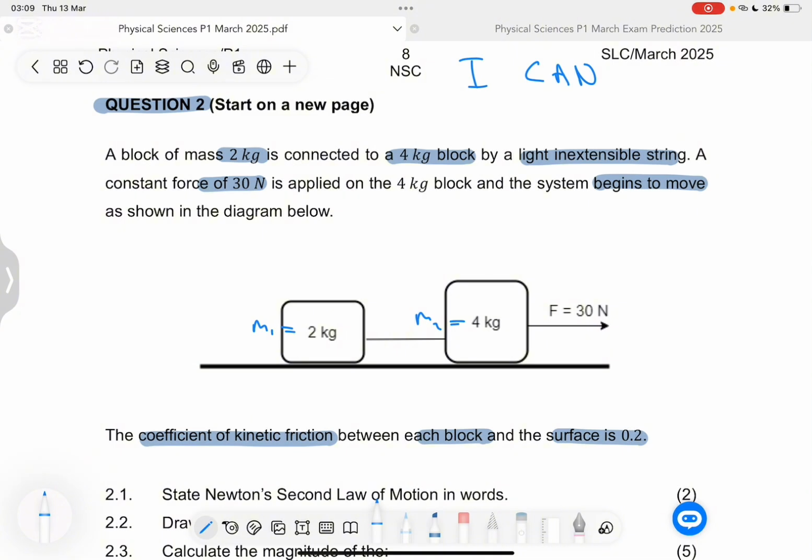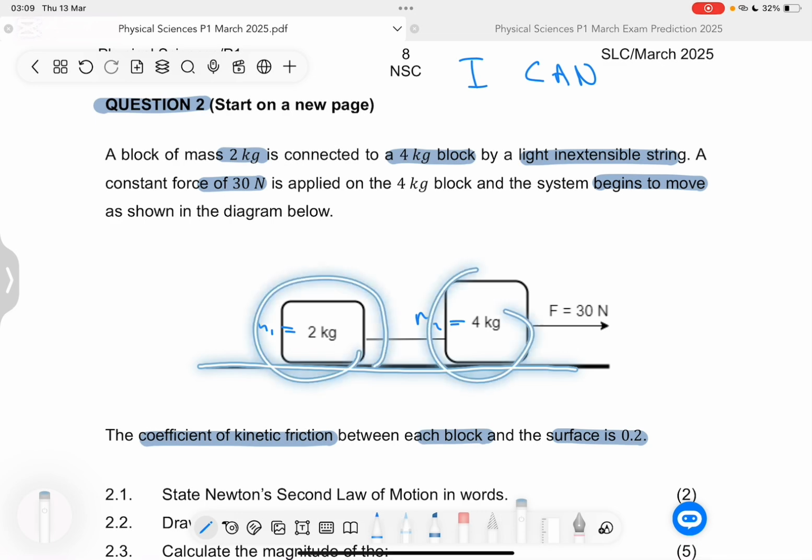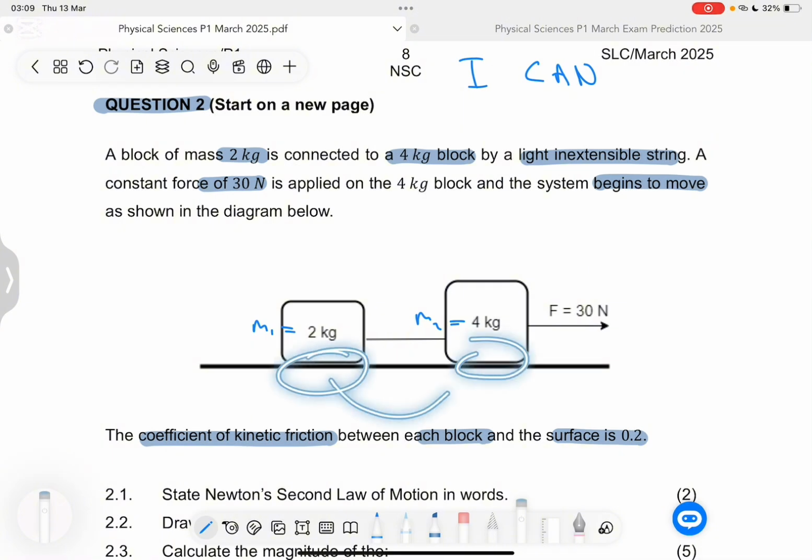Remember, this is a property of the surface. And because these objects are moving on the same surface, they each experience the same coefficient of kinetic friction. Very important. So there are three things that are the same here: the coefficient of kinetic friction on the surface, the tension that connects the two objects, and also the acceleration with which they move. Even the velocity of these objects is the same because they change that velocity at the same rate. Hence, we have the same acceleration.